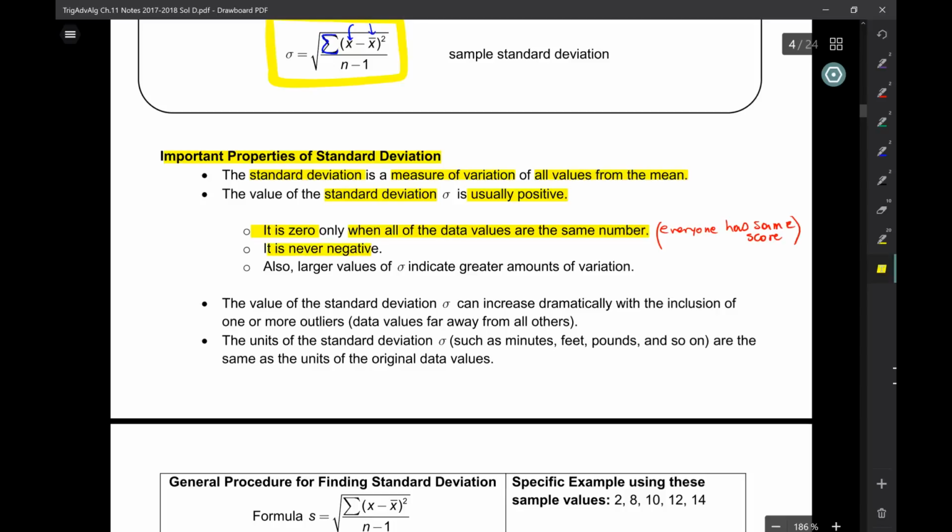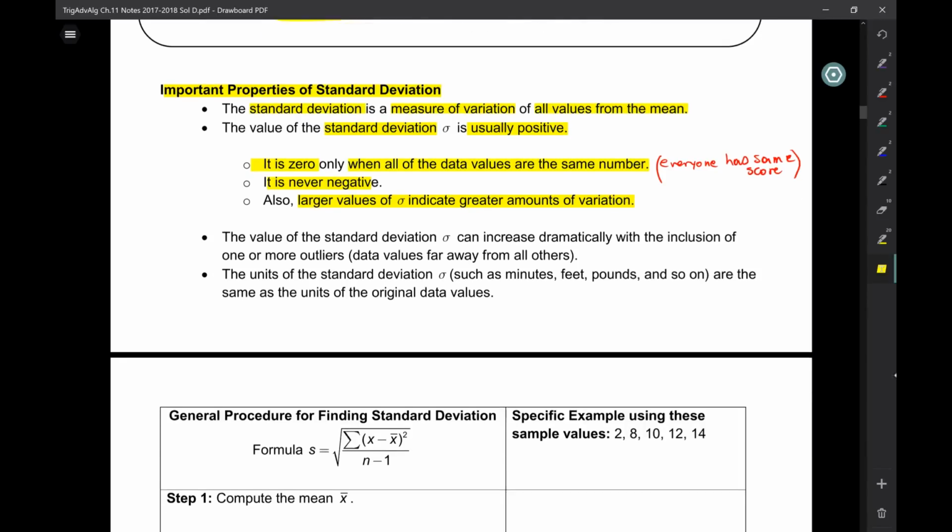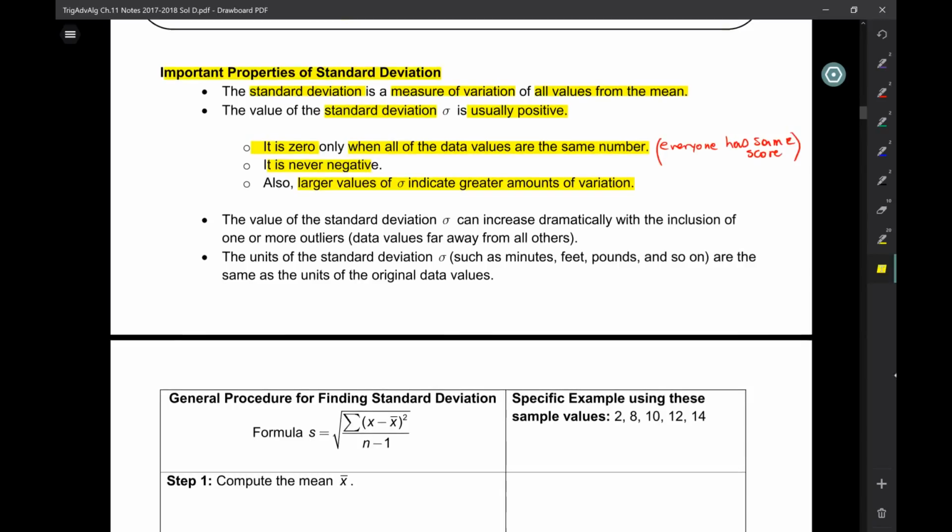Never negative. Larger values of sigma indicate greater amounts of variation. So if the sigma is large, it means the average may have been a 70, but people got like 100 and a 2 and a 97 and a 3. Here's another one.